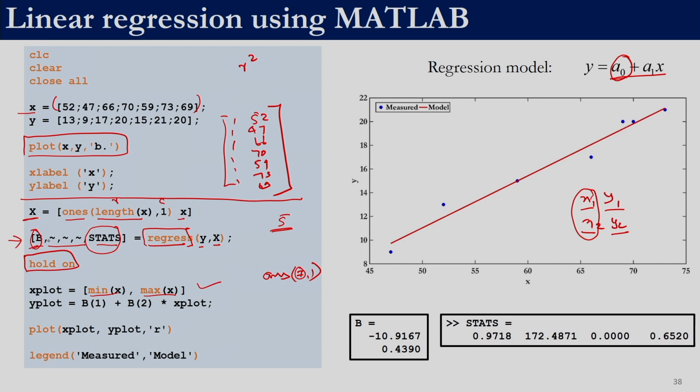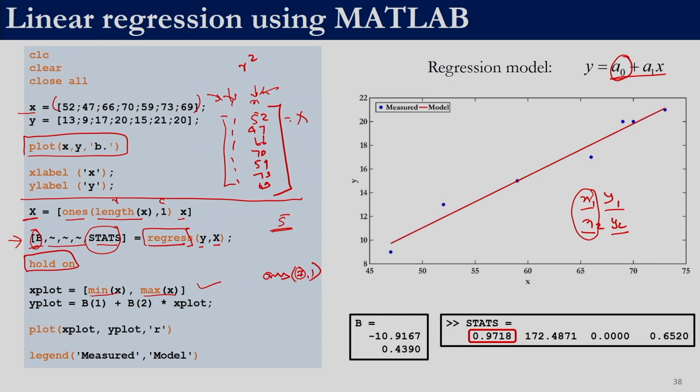This model coefficient vector will have as many elements as there are columns in this x matrix, right. In our case we have 2 columns, so it will consist of 2 values, right. The first value would be the constant value because we have stacked 1 over here and the independent variable x over here. So it is 1 comma x. The coefficient of x will be the second element, and the constant coefficient will be the first element, right.